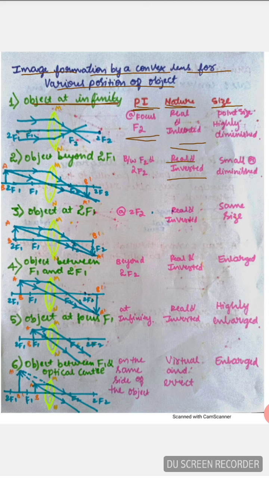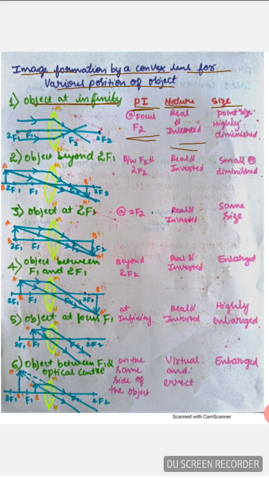You can see the size of the image is small or diminished. So when the object is placed beyond 2f1, the position of the image will be between f2 and 2f2, and its nature is real and inverted, and size is small or diminished.